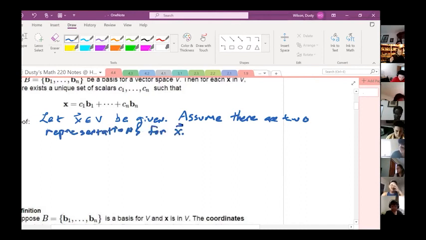Okay, so we assume that there's two different representations for x, and specifically, these would be representations for x with respect to the basis B.